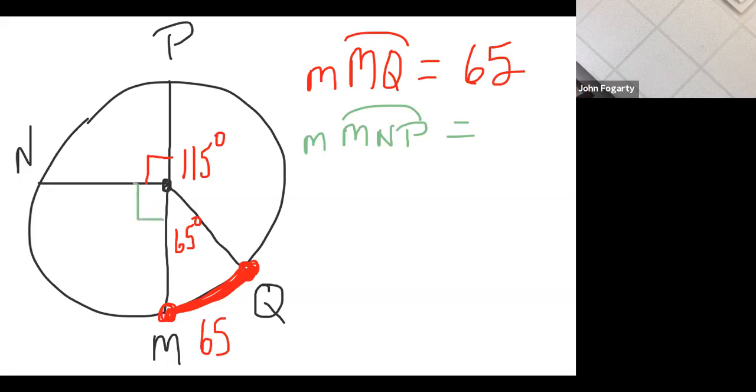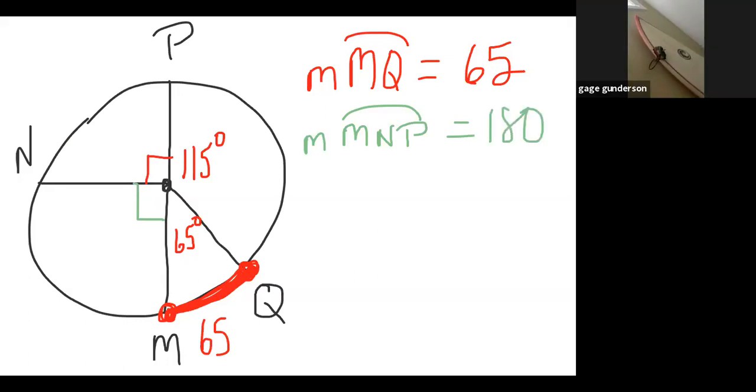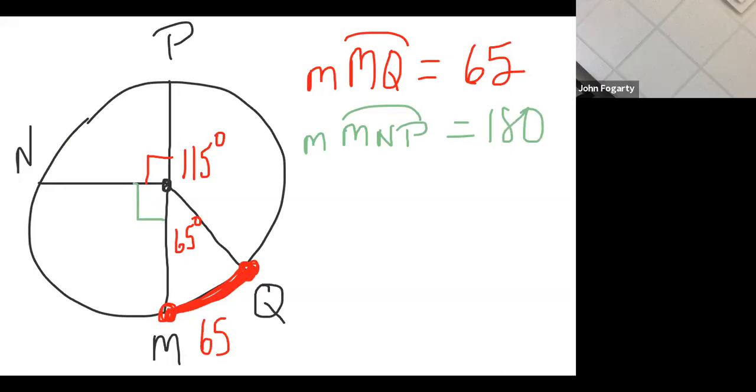How come that has to be 90? What's 115 and 65? That's 180, right? So if that's 180, so is this. I told you this was 90. That's 90. So what's this arc? What's 90 and 90? 180. From here to here is 180 degrees, right?